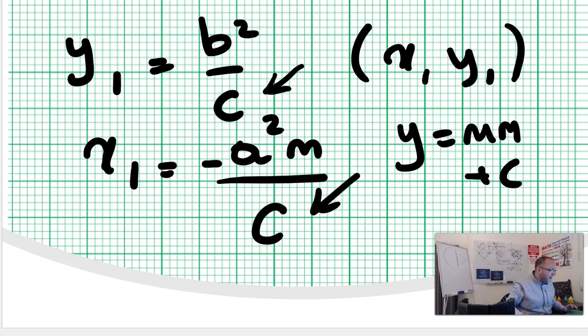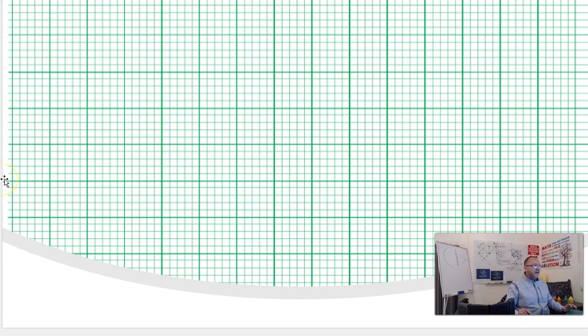So all I need to do now is take these findings and, instead of x1 and y1, plug them into the ellipse equation and see if I need to make any restriction.